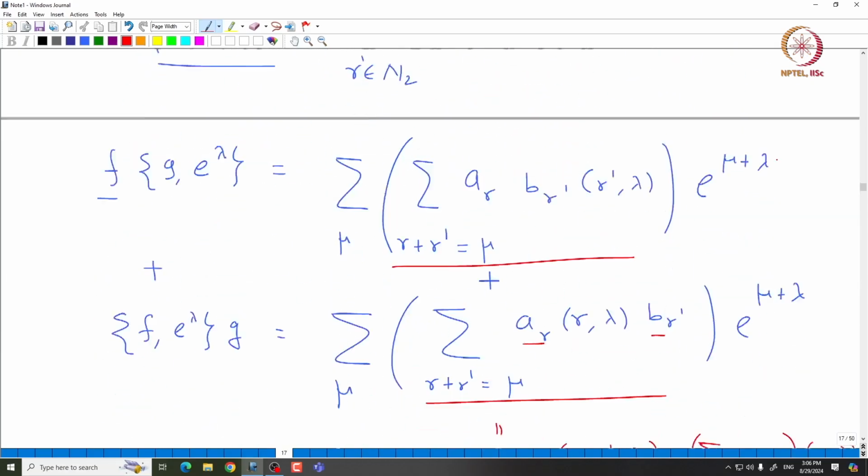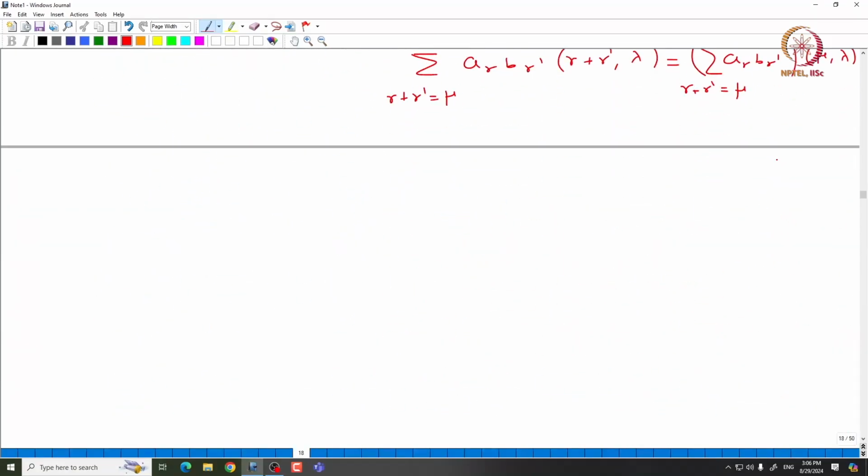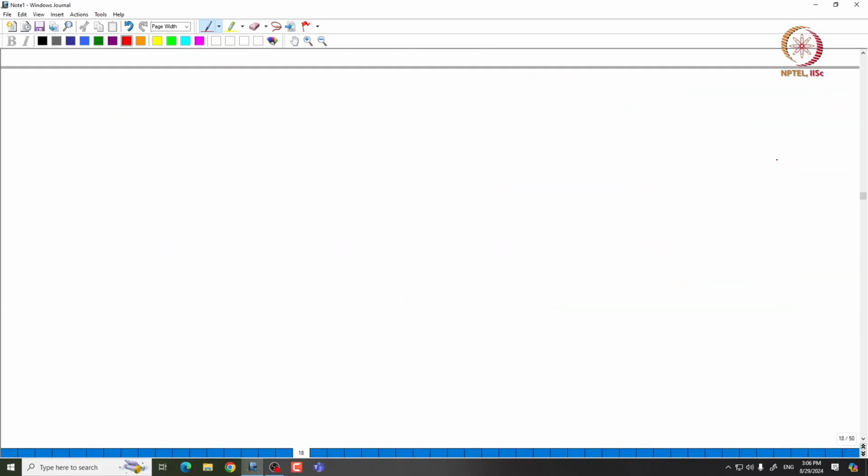Okay. Now, let us see how one can use this to compute something that we wanted. As a corollary, we can write down the following corollary.